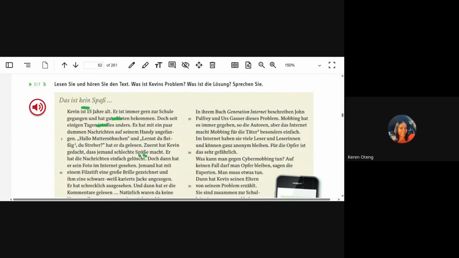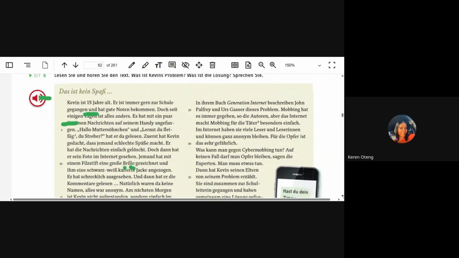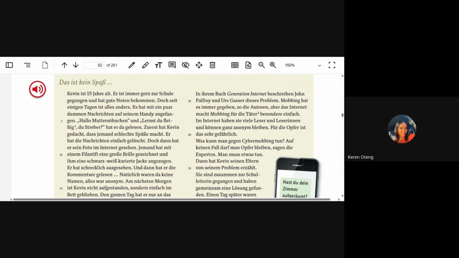Doch dann hat er sein Foto im Internet gesehen. Jemand hat mit einem Filzstift eine große Brille gezeichnet und ihm eine schwarz-weiß karierte Jacke angezogen.